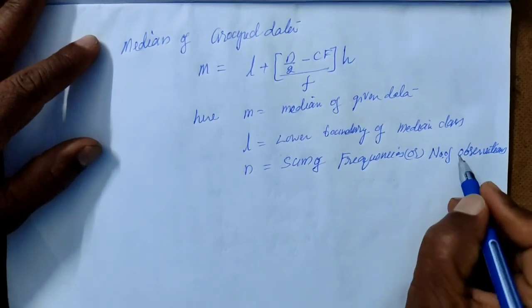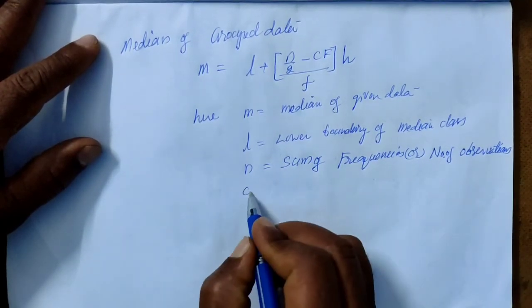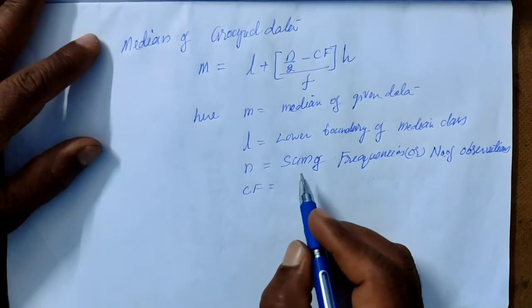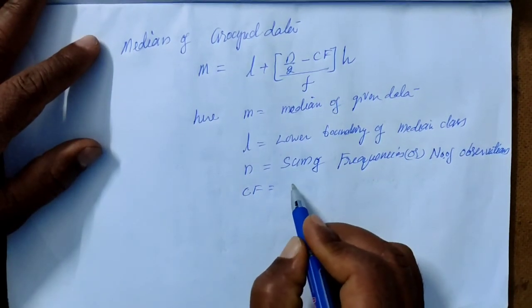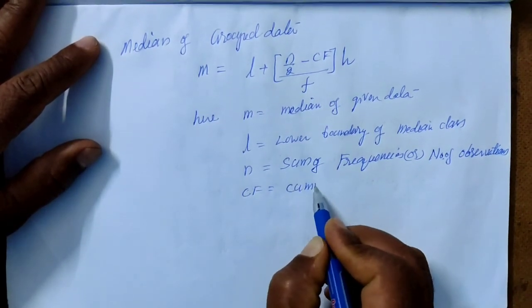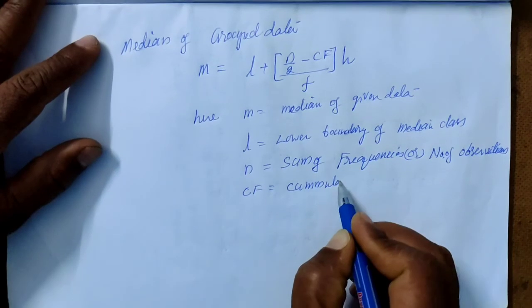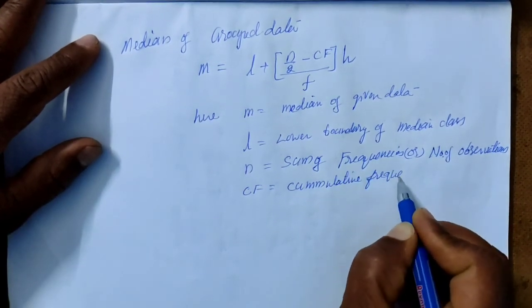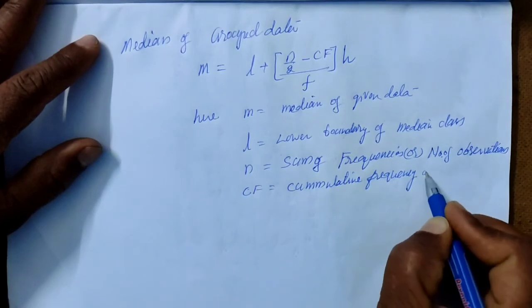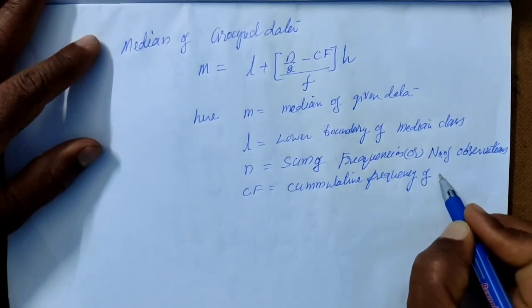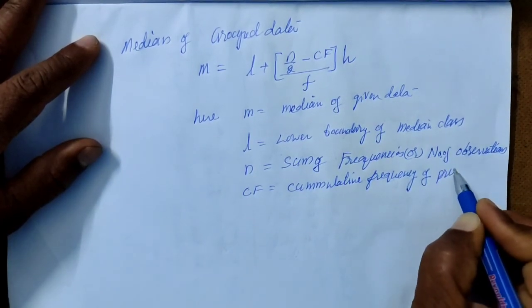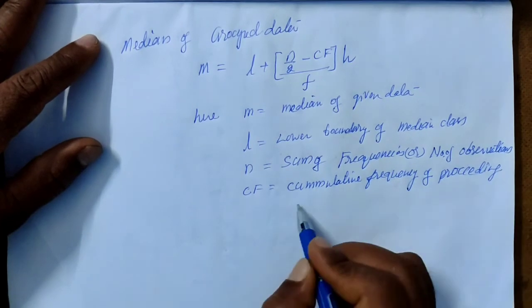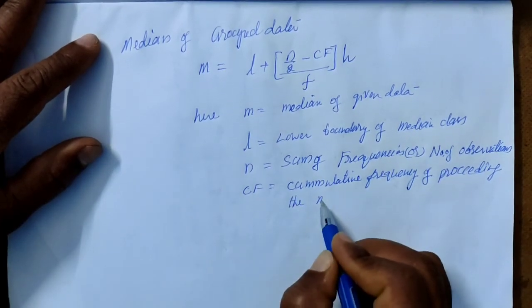Cf is the cumulative frequency of the class preceding the median class.